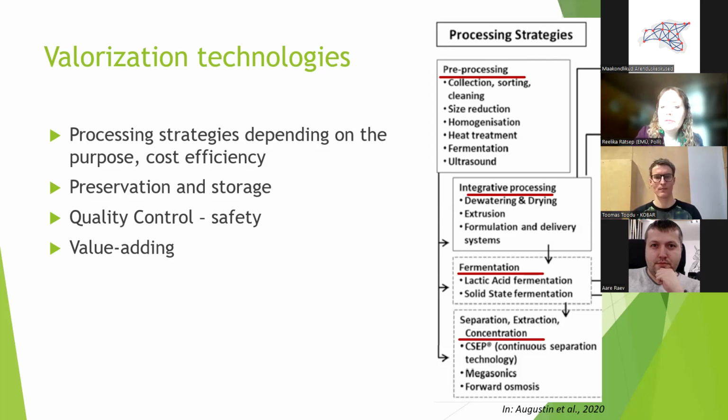And we can use different extraction technologies to have the special ingredients from the materials. Then there are the integrated processing technologies. So for preserving and storage, we may need to dry the material, process it for a long storage to keep it in high quality and safety.